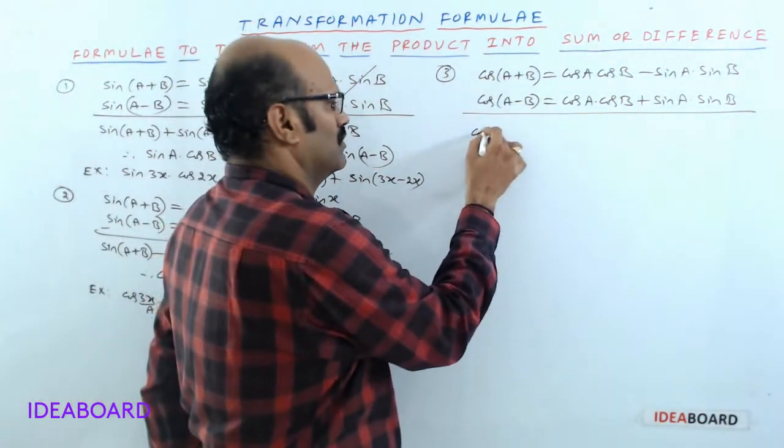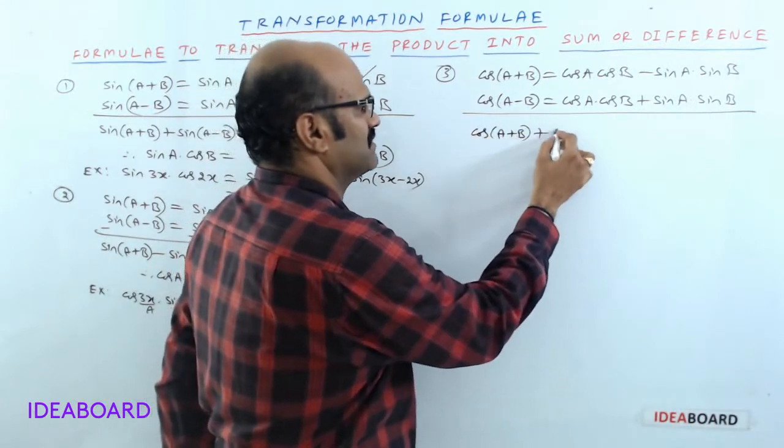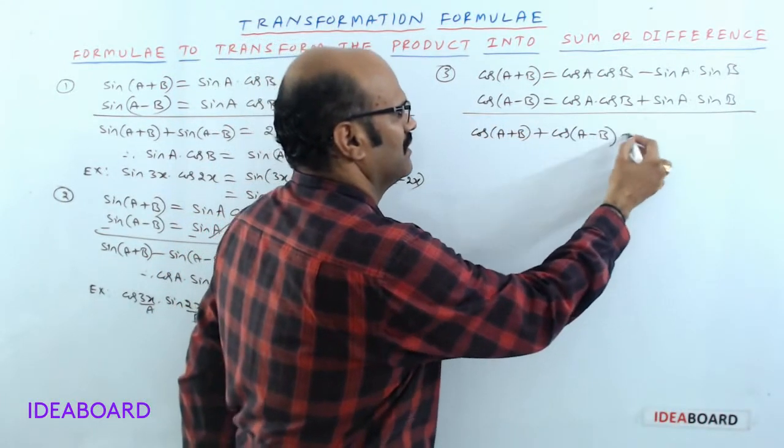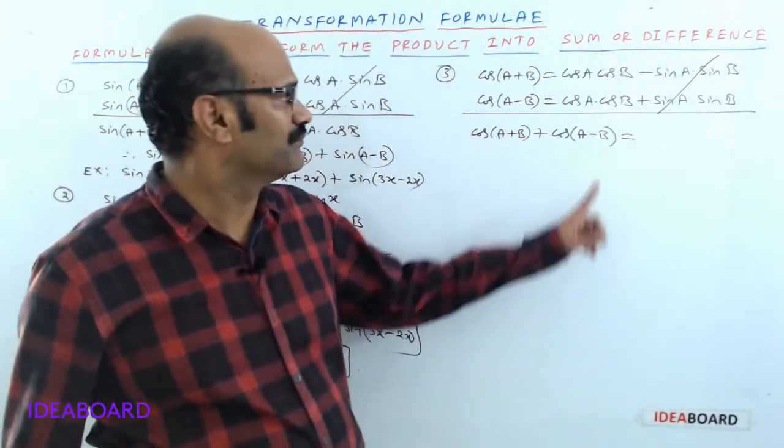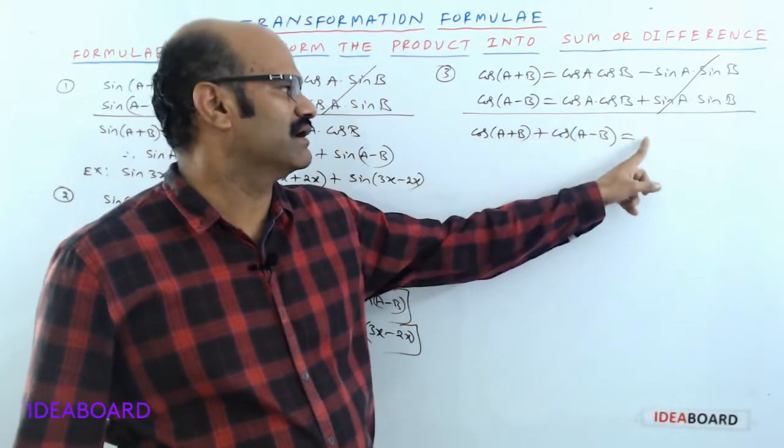It's equal to cos of A plus B plus cos of A minus B, these two are cancelled, then we have 2 cos A cos B.